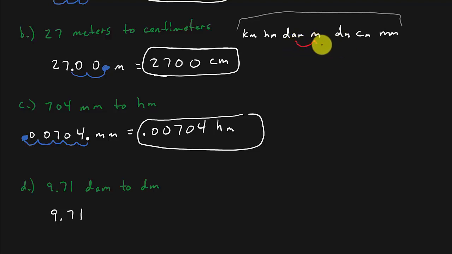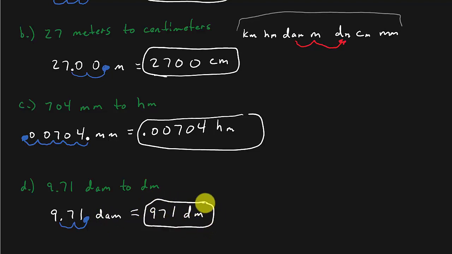So I need to move 1, 2 places to the right. All right, so there's my decimal. So I'm going to move 1, 2 places to the right. And this is decameters, and so that's going to be 971 decimeters.